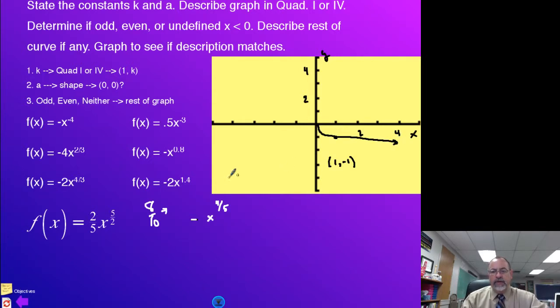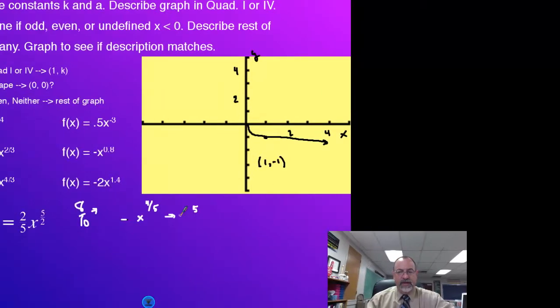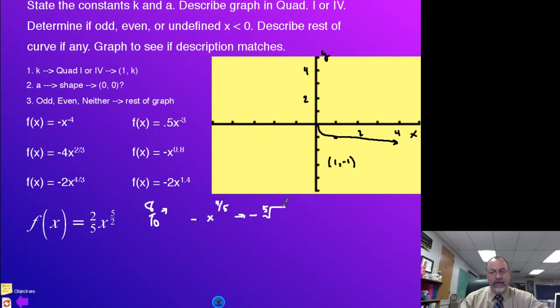Okay. Now we need to figure out if it's odd, even, or neither. Now, it is a root function, but the index is not even, so it is defined for values less than 0. So we can go ahead and substitute these values in. So this should be negative out here, or the opposite of the fifth root of x to the 4th. So let's go ahead and substitute in negative x then.